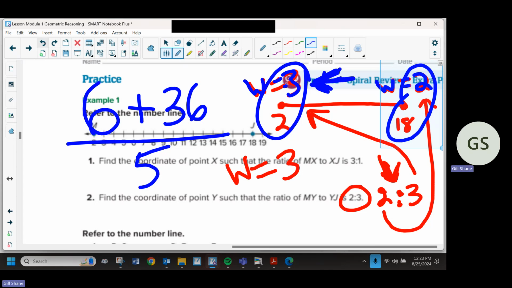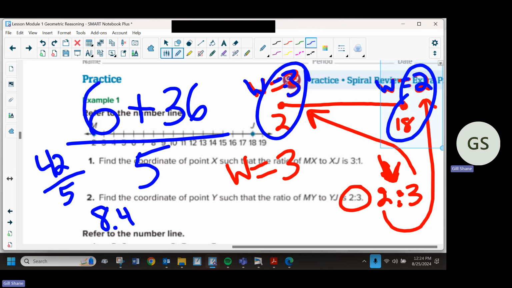So that's how I got the 5. And if you do that, you get what? 36 plus 6 is 42 divided by 5. So divide that by 5 would give me what? 8.4.